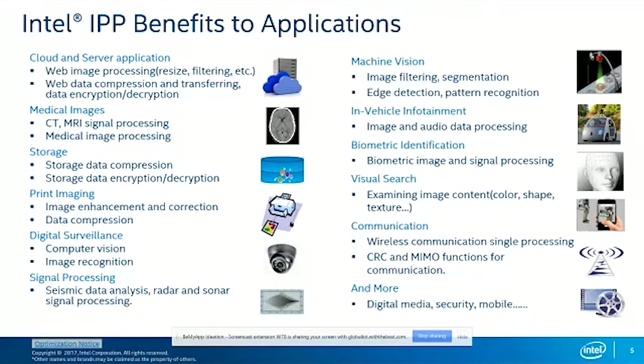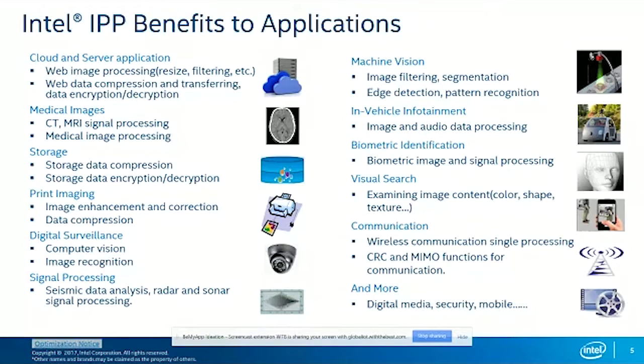And if your applications relate to images, these libraries can help you on this part too. If you want to do data communication from the server side to your edge side, this library can help you compress the data, communicate the data, and decompress the data. So it has many typical usages.